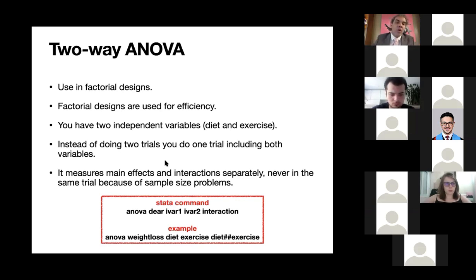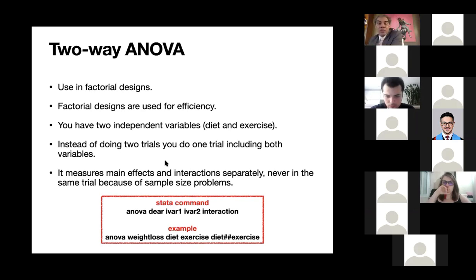Or your interactions will not be statistically significant in your trial, even though they really exist, because you have a low sample size, so it's underpowered for interactions. The other way around, if you're interested in looking for interactions, your sample size will need to be much bigger, and so then you will find interactions.